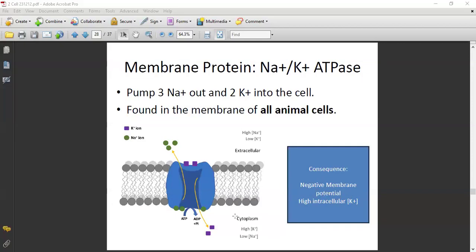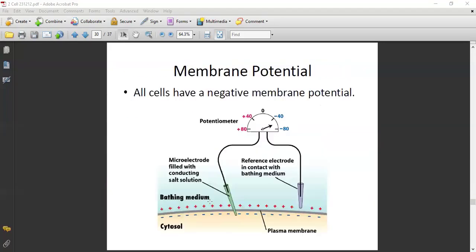You make the membrane potential, the disparity, more negative inside compared to outside. You also make the intracellular concentration of potassium high. So that is the foundation of electrophysiology. It's all due to this pump.